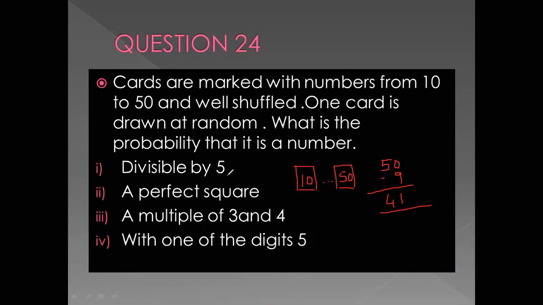Cards. So now you have to find the probability that the number is divisible by 5. You have to understand that if it is divisible by 5, how you have to select the events, how you have to list the numbers, and then find the number of events. So do all that carefully.